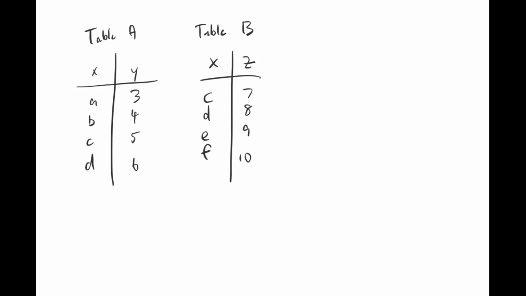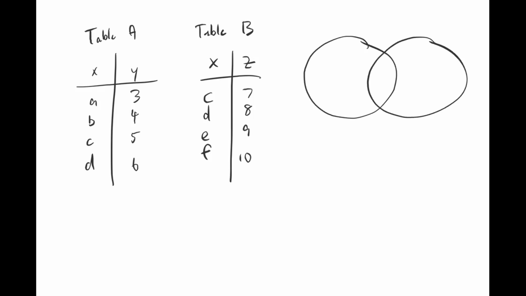If I think about a Venn diagram of my two tables, table A and table B, I can do a couple different procedures for my join. The most intuitive one that folks often think of is this red area, and this is called an inner join.